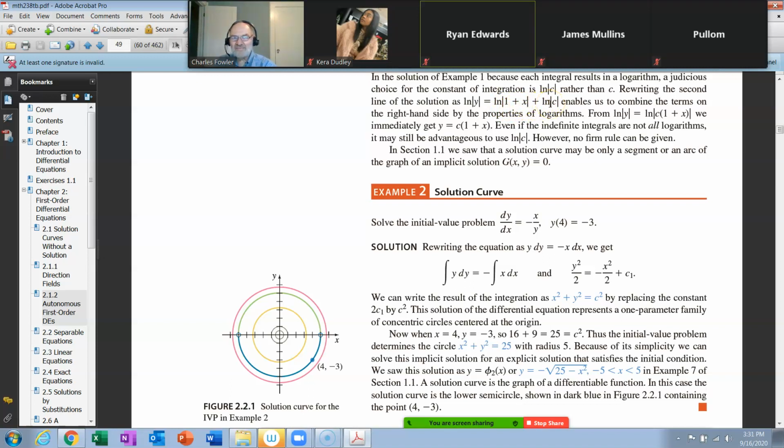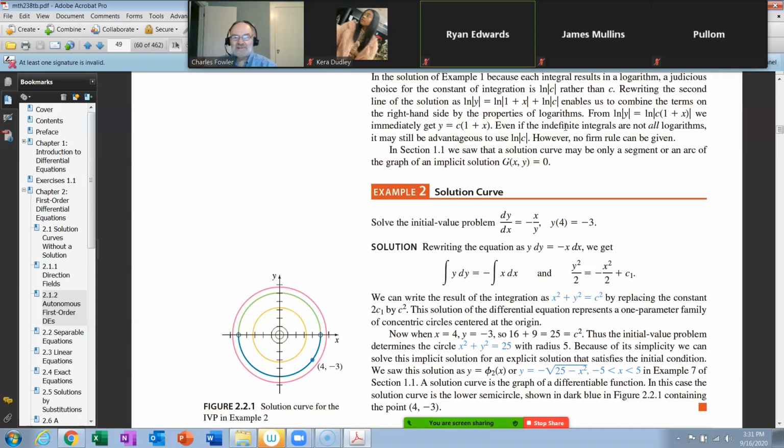That enables us to combine the terms. That was right. That's what we did. Then when you do e of both sides, e of the sum of those is e of this times e of that, and that's exactly what we got.